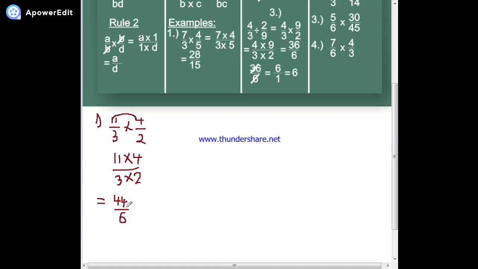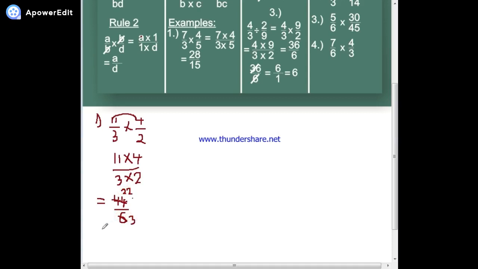Now, since we can still simplify this particular fraction, if you want to simplify it, you just say 2 can go in both. 2 in 44, that is 2 in 4, 2, and 2 in 4 again, 2, that is 22. 2 in 6, that is 3.